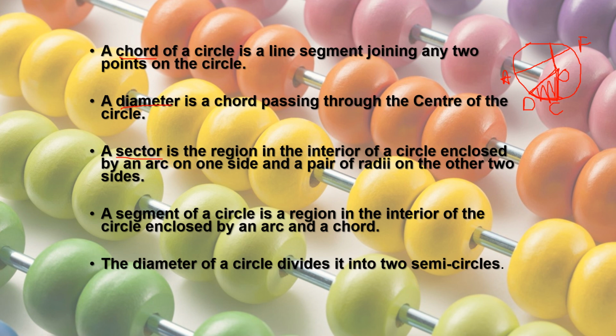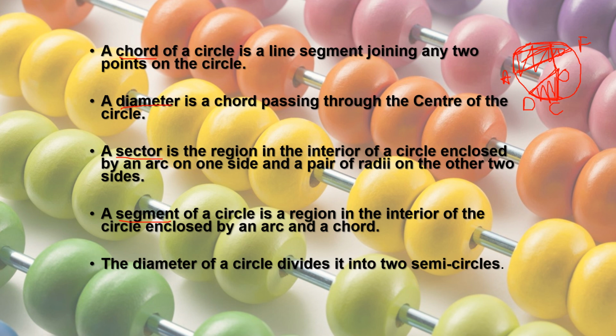Then what is a segment? A segment is a region of the interior of the circle enclosed by an arc and a chord. So simply let us take AF. AF is an arc also and a chord also. So if this AF encloses some region inside it, this region enclosed by the chord and the arc is termed as segment.